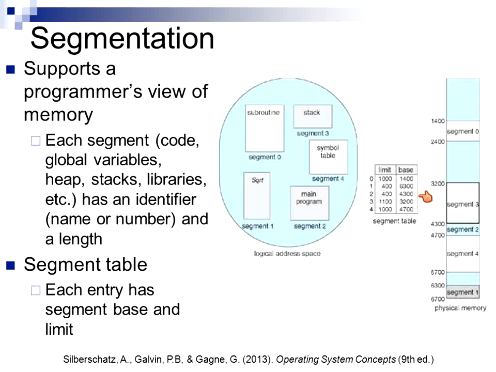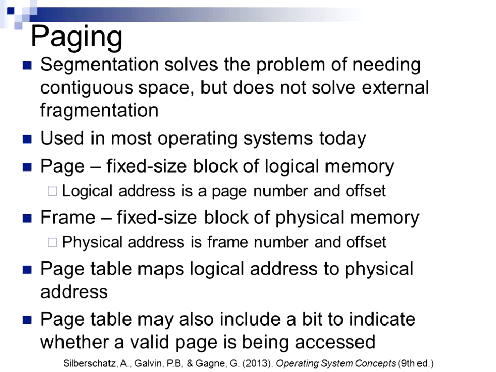And we know where each segment starts now. And so it can calculate where it is in memory. So we've kind of solved part of the problem of needing to allocate contiguous space for a process. But that still doesn't solve our whole problem. We have to take it a step further. And we take it a step further by using paging.